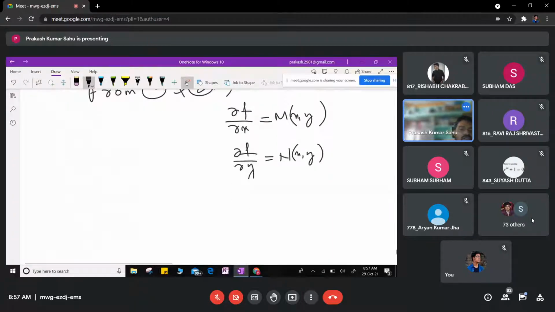So again, you find the derivative, that means del square f by del x del y. Suppose this is equation 3 and this is equation 4.